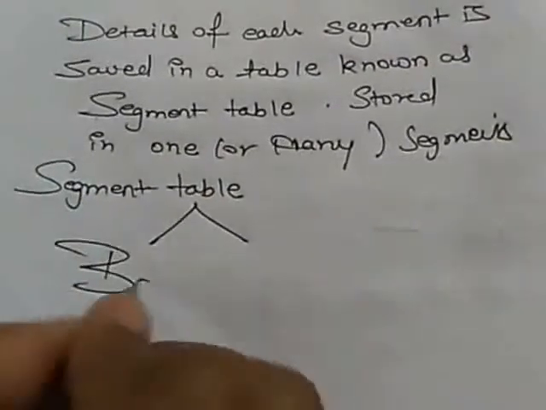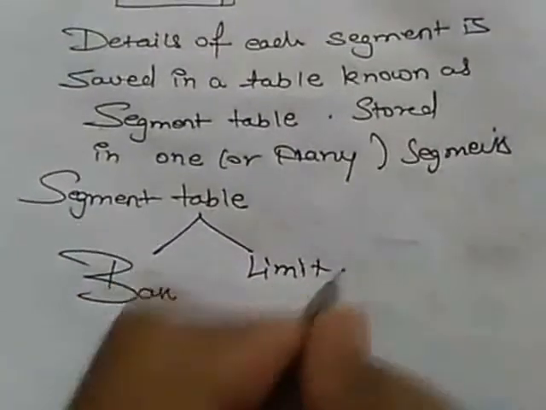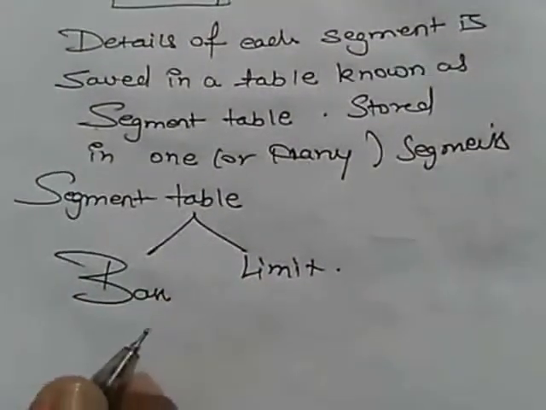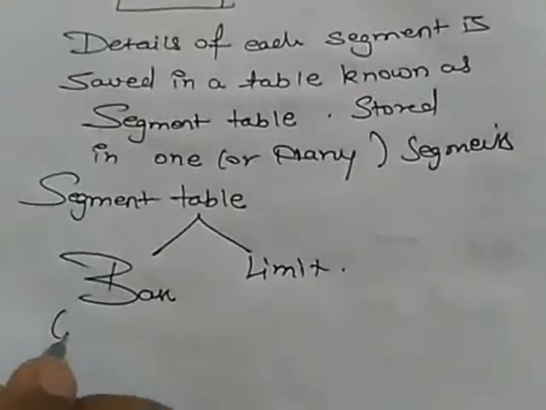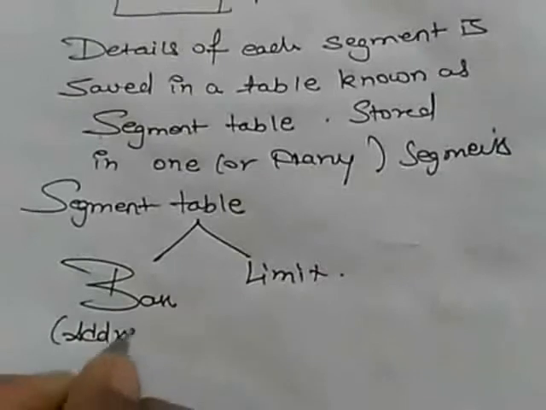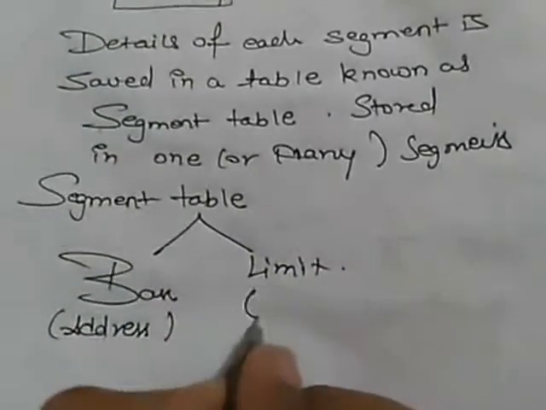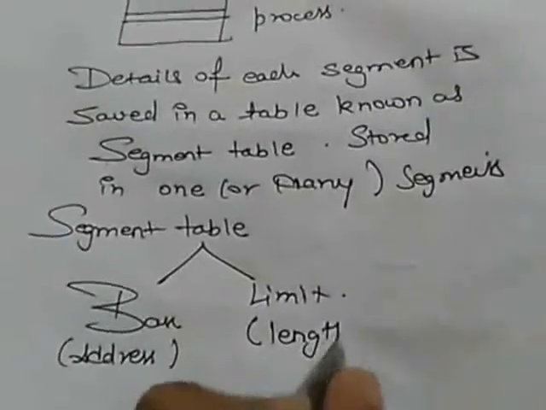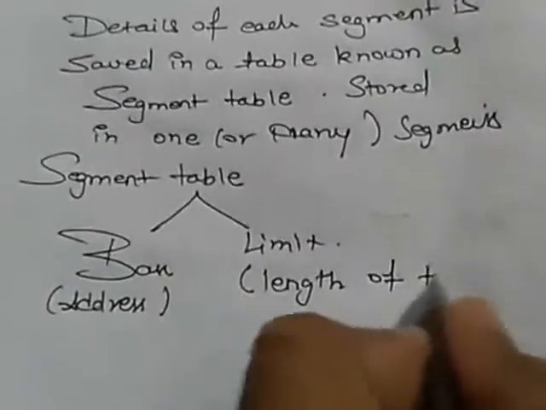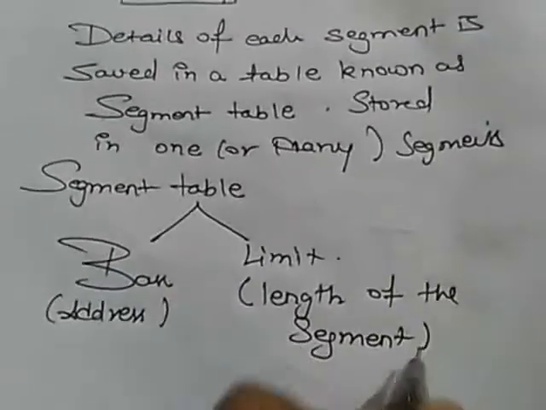Number one is base and number two is limit. Base consists of the base address of the segment and limit consists of the length of the segment.